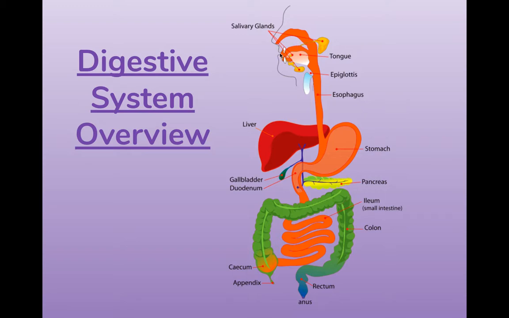This is the mouth, so this is how air can come into your mouth also. At the back of your mouth, you have salivary glands right here. And then underneath your tongue, this is your tongue right here, you have salivary glands underneath too. Those are both part of digestion. That's why they're in color.